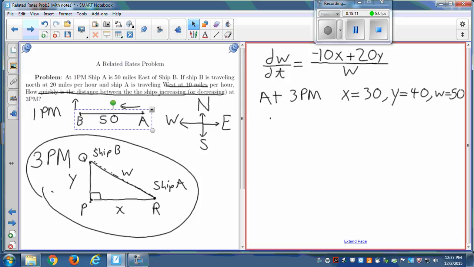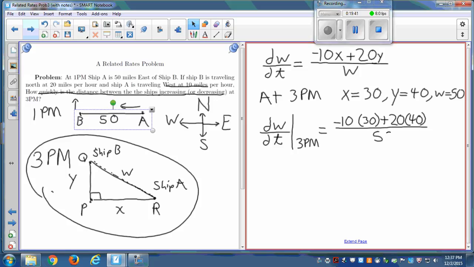So we can now do our final computation. So dw/dt at 3 p.m. is equal to (negative 10 times 30 plus 20 times 40), all divided by 50.